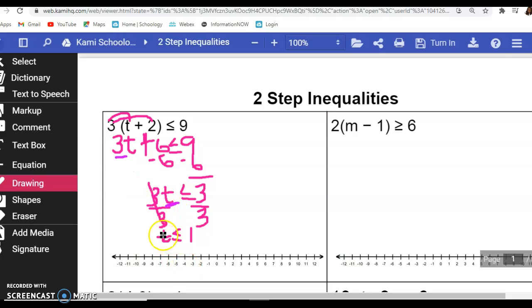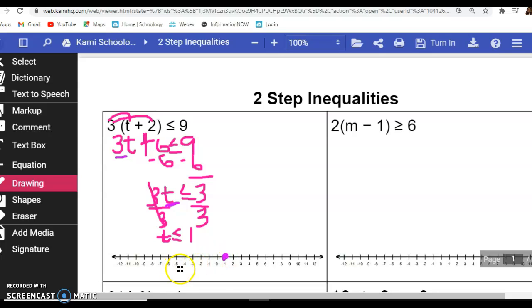So these 3's canceled, and we were left with t is less than or equal to 3 divided by 3, which is 1. So what we're going to do now is graph this. So we're going to find 1, and we're going to come over here and graph this.